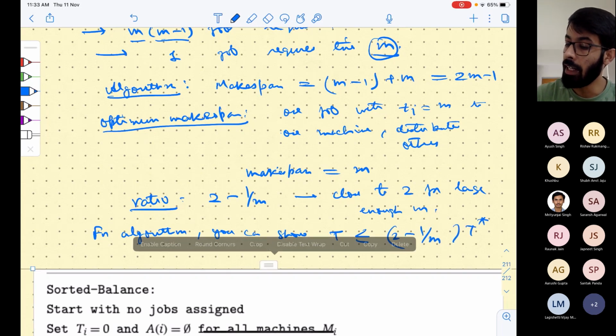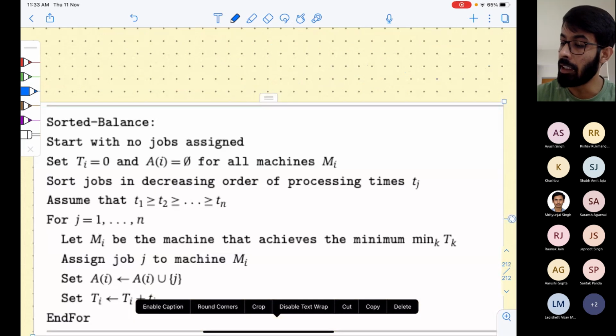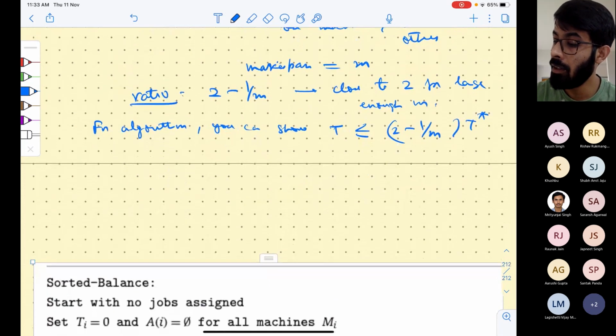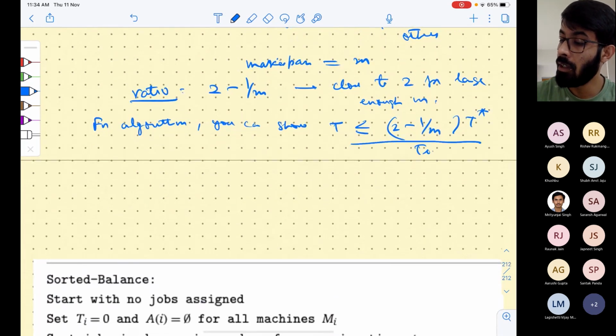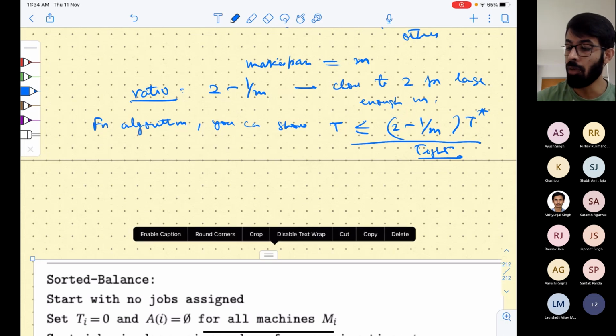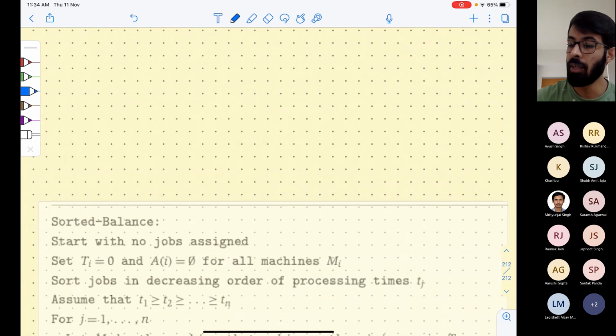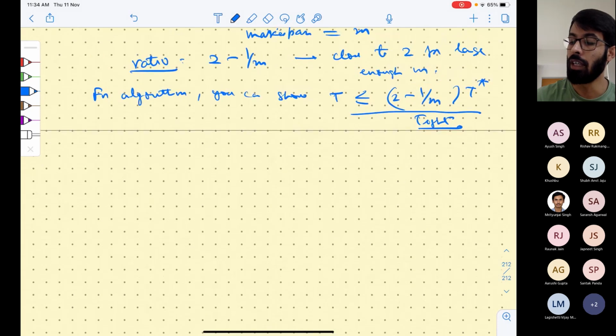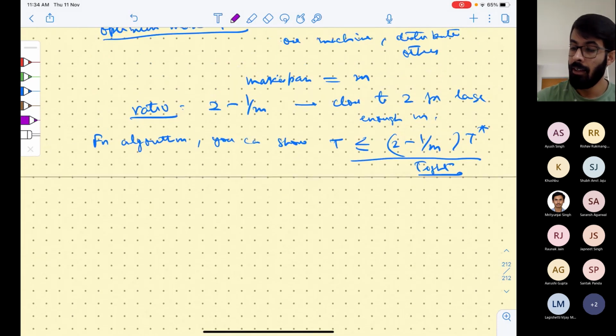And this is essentially tight because this is what is achieved by this example. So this is a good exercise: try to see how we can get this slightly more from the algorithm. We have not tried that hard, but if you try just a bit more, you can get this. This is not very hard.